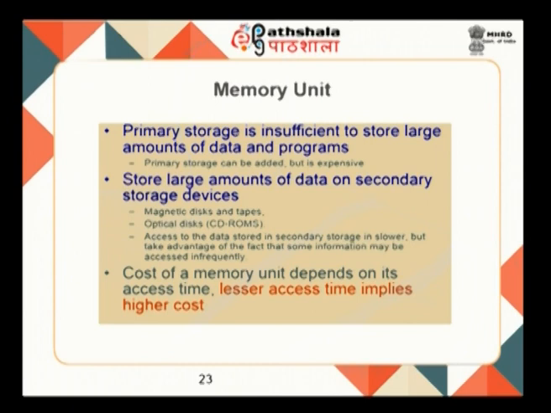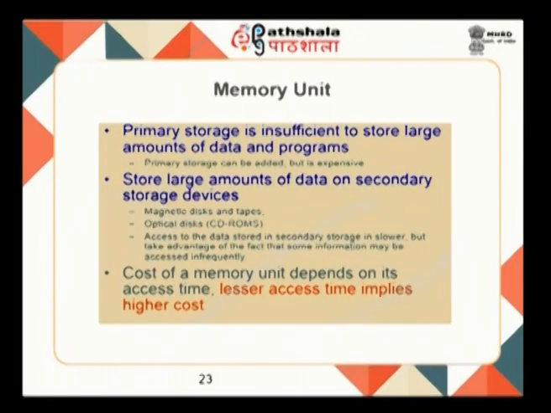Now, the primary storage is insufficient to store large amounts of data and programs. Though we look at a main memory which is very large these days, it is obviously not enough to store all your programs and data. So, you need to look at secondary storage also, which is capable of storing large amounts of data. Examples are magnetic disks and tapes, optical disks, and CD drives.